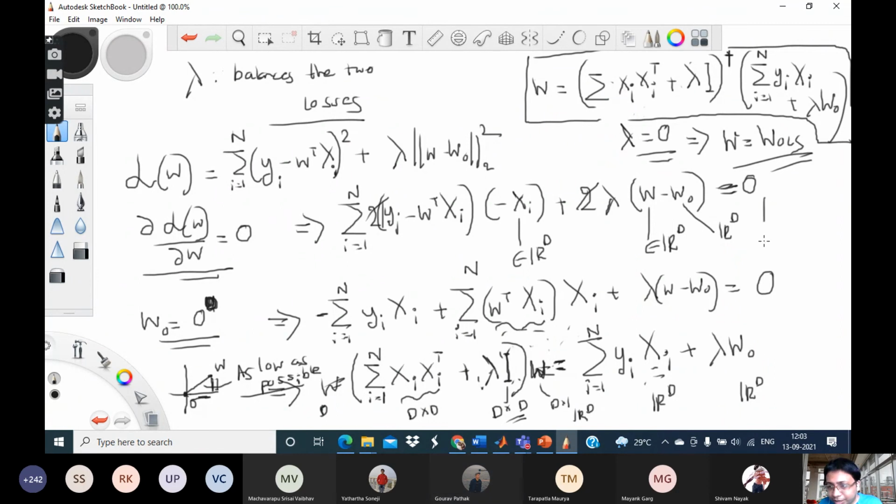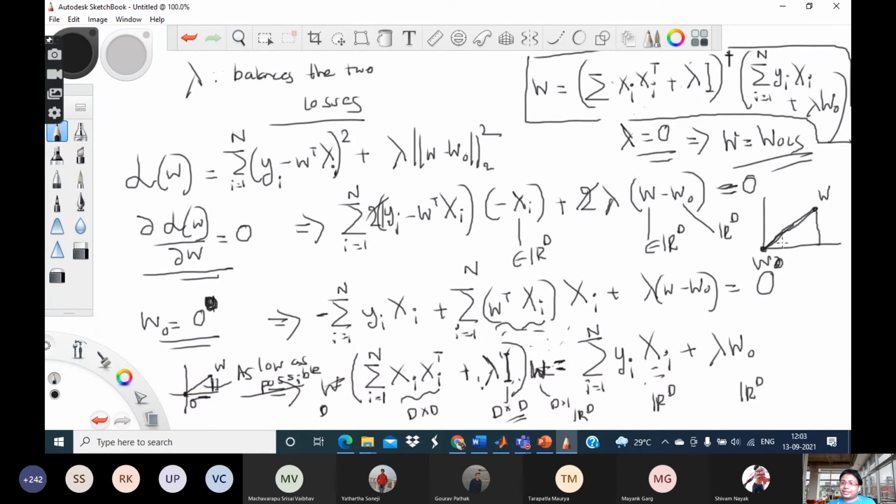If this is my W and this origin is my W naught, this is the distance which I am talking about, right? The Euclidean distance between W and W naught. What I have achieved is that I am trying to bring W as close to the origin as possible. That is, I am trying to constrain the Euclidean distance between this and W naught. So then what can I say about these two things?